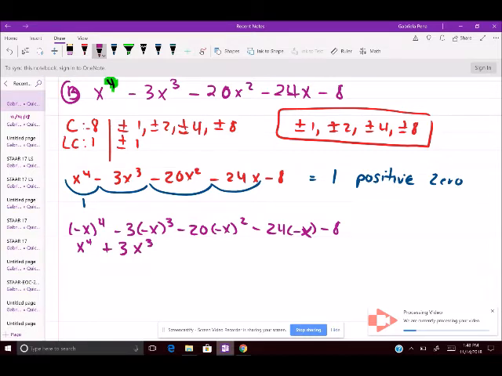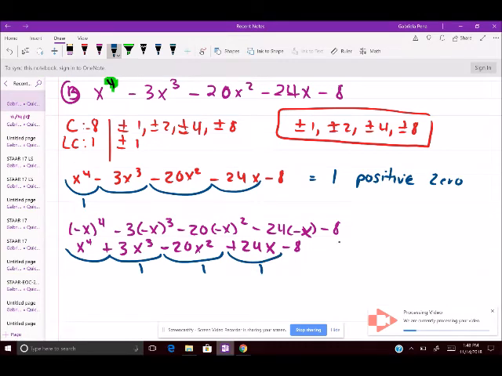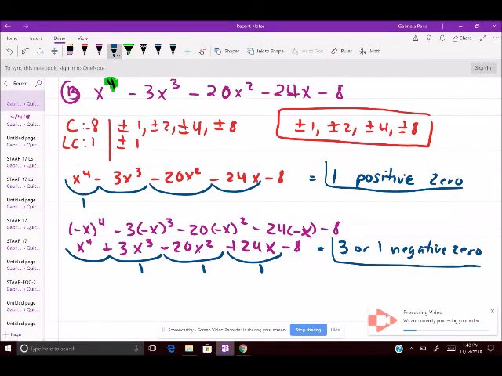That becomes a -20x squared plus 24x minus 8. Change? Nope. Change? Yes. Change? Yes. Change? Yes. So here we have 3 or 1 negative zeros. So I have to keep this in mind when I'm doing my work. There's either 1 positive, and 3 or 1 negative.